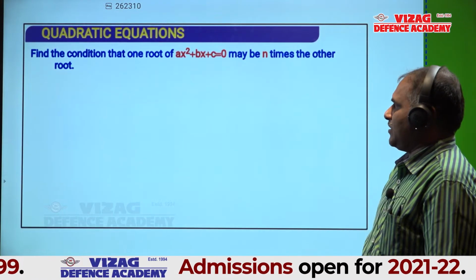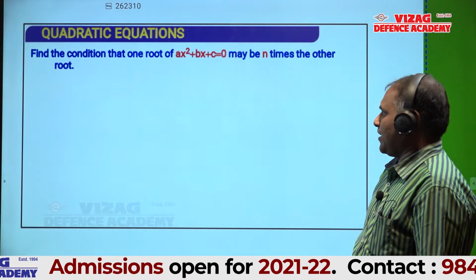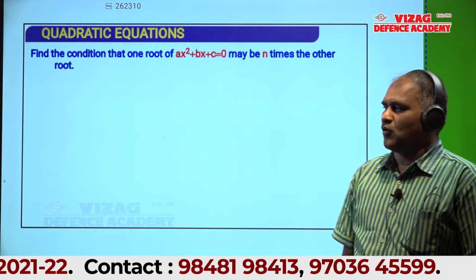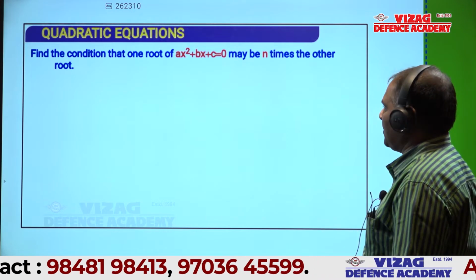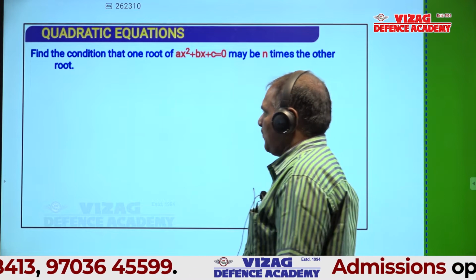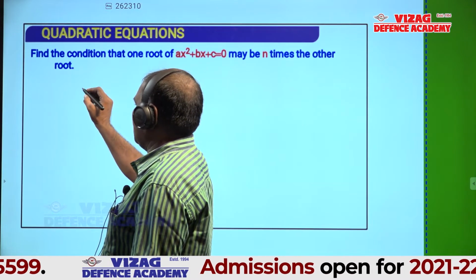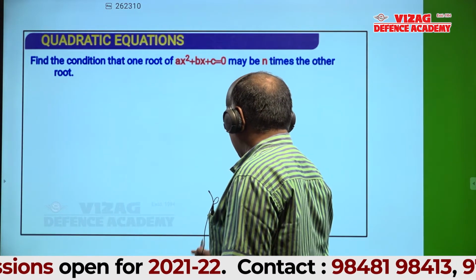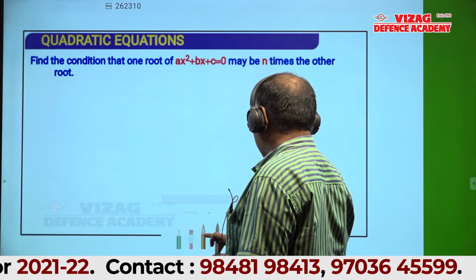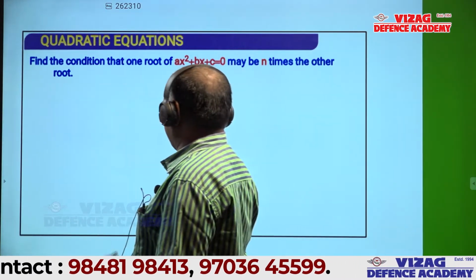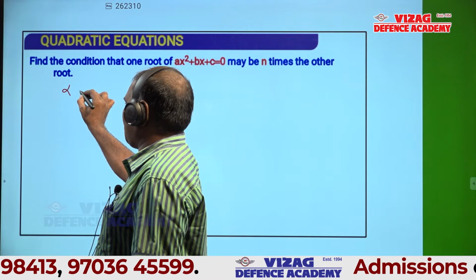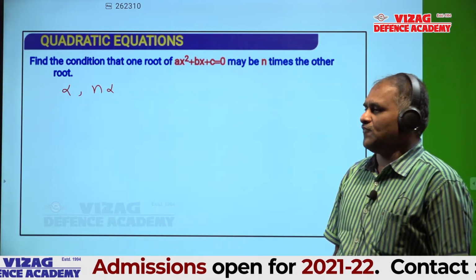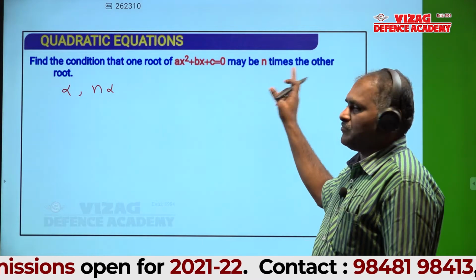Find the condition that one root of a quadratic may be n times the other.